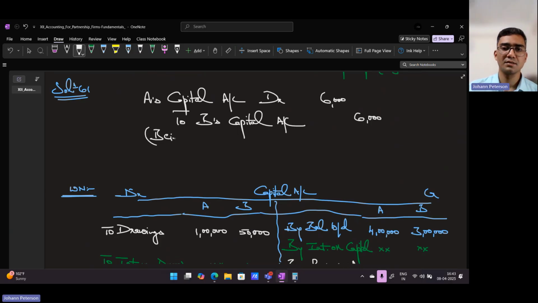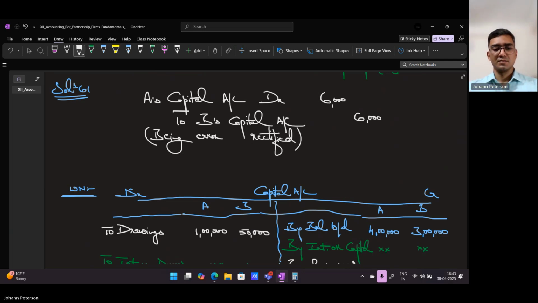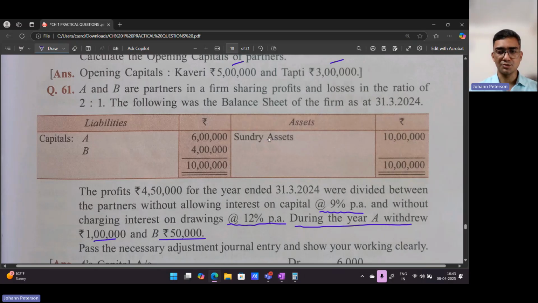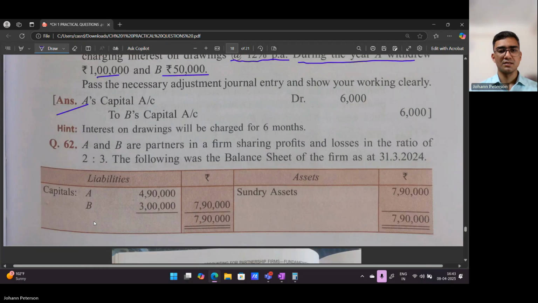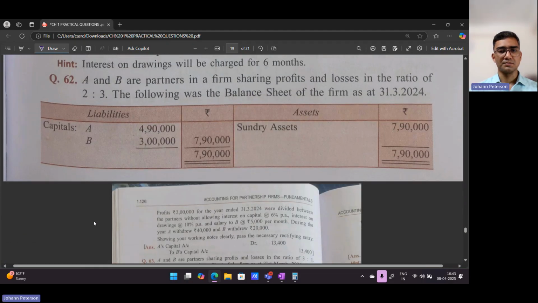Narration is being error rectified. Which must also be our answer. So we've got the same thing, A's capital to B's capital. Let's do another one.